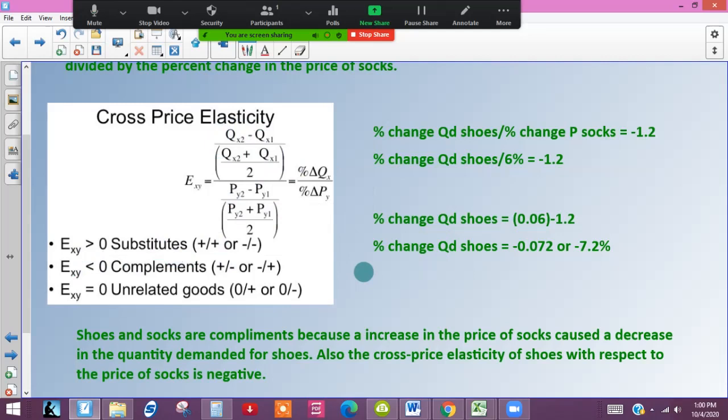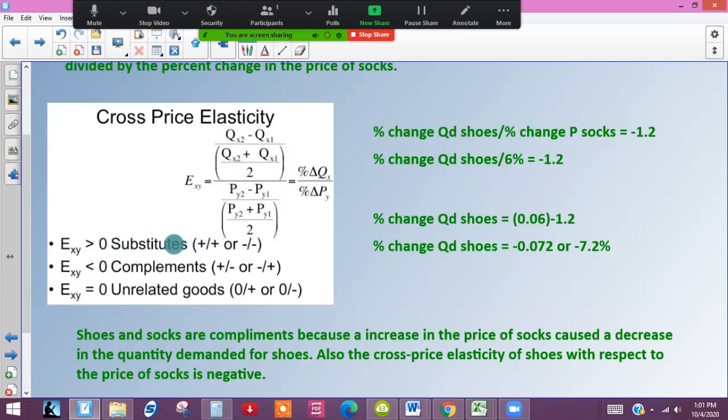Because people say, well, I'm not going to buy turkey hot dogs because they're too expensive now, I'm going to buy more chicken hot dogs because they're just as good. So if the percent change in quantity demanded moves in the same direction as the percent change in price, then they're substitutes. The one down here is true, but don't really worry too much about that.